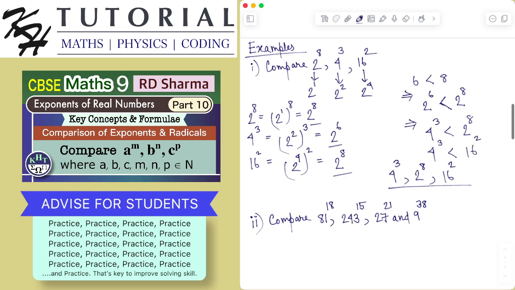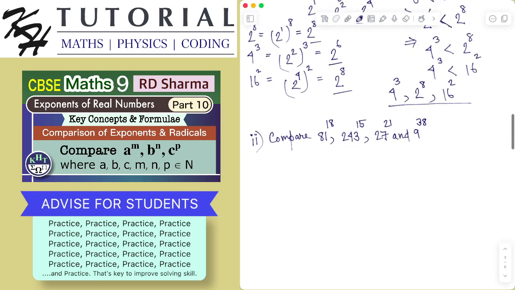Let's see another example. So we can see the numbers are 81 raised to the power 18, 243 raised to the power 15, 27 raised to the power 21 and 9 raised to the power 38. If you see the bases, the bases can be clearly expressed as a power of 3.